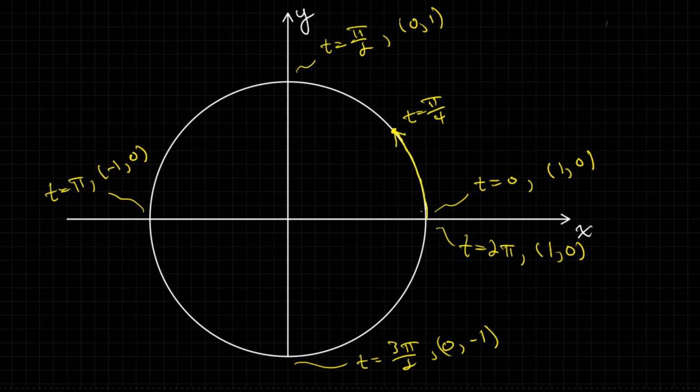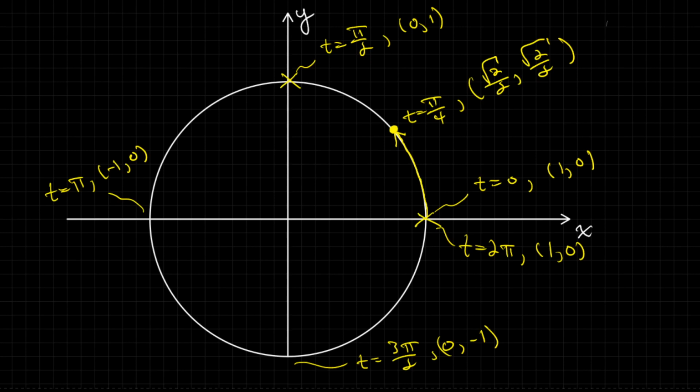If you start at (1, 0) and walk a distance of pi over 4 along the circle, then you get to this terminal point that I have marked, and this terminal point is root 2 over 2, root 2 over 2. So that's if you travel halfway from (1, 0) to (0, 1).